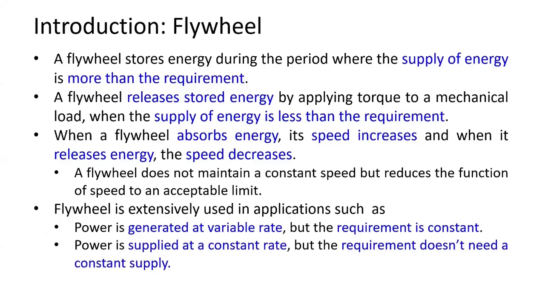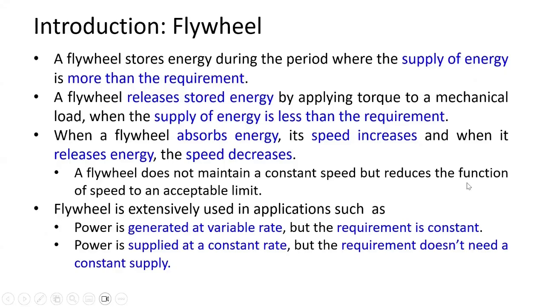On the other hand, if you have a continuous supply of power, just like an electric motor, but what you want is not a constant, but a variable supply, again, there's a mismatch. So the flywheel could help us to bridge that mismatch.